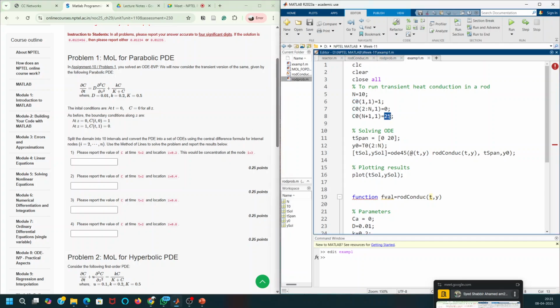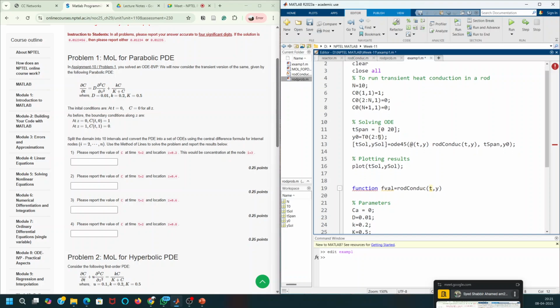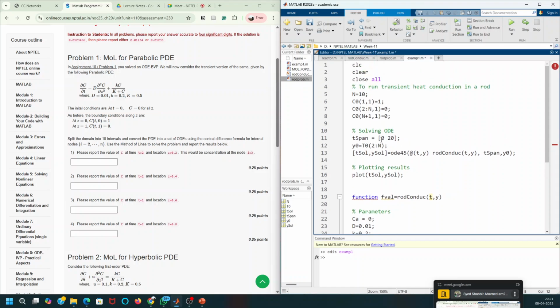And this also should be 0. And then we will solve this.